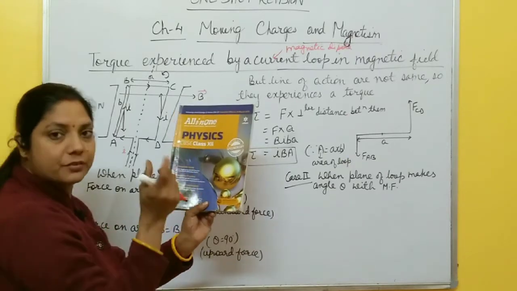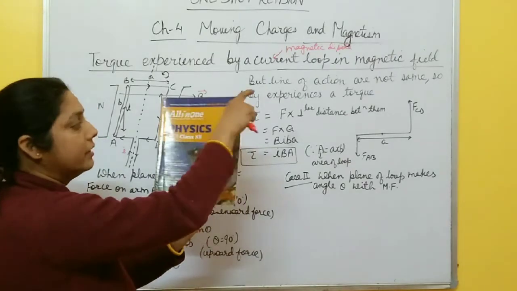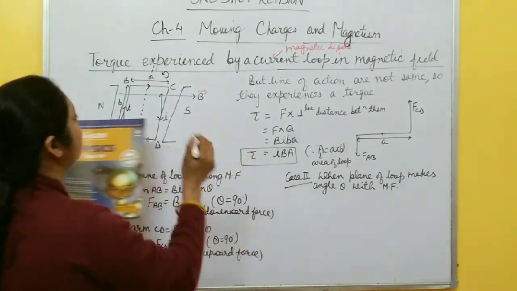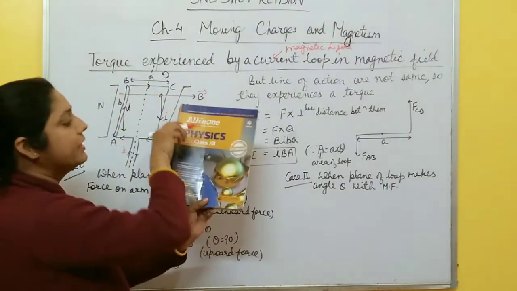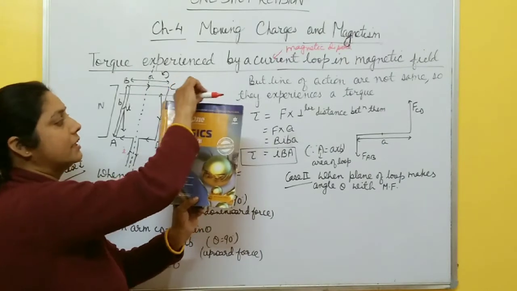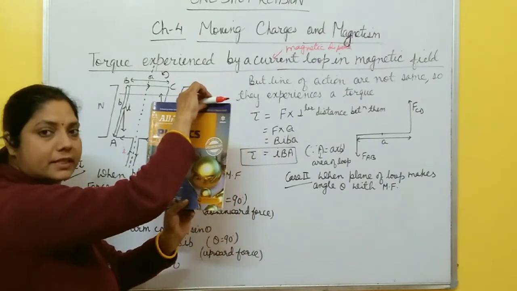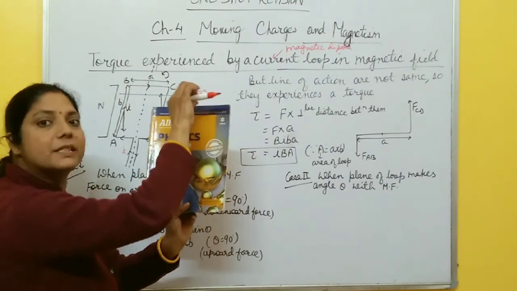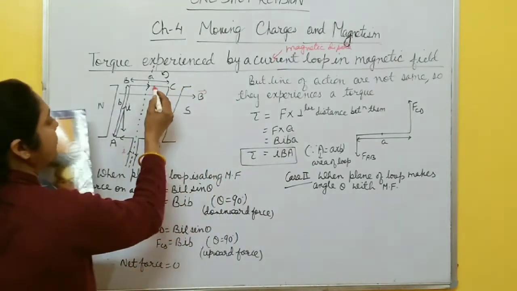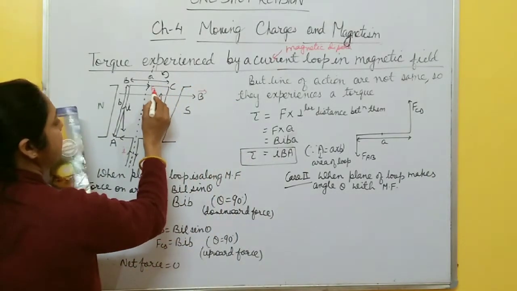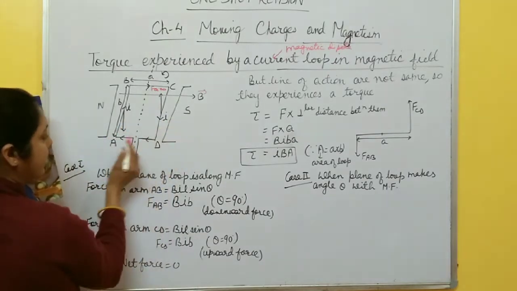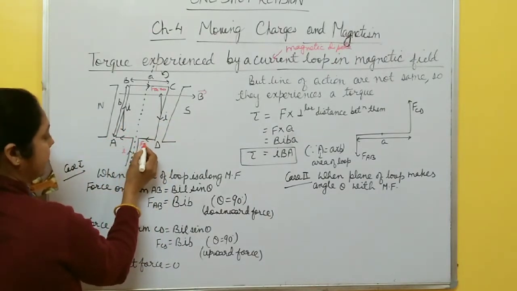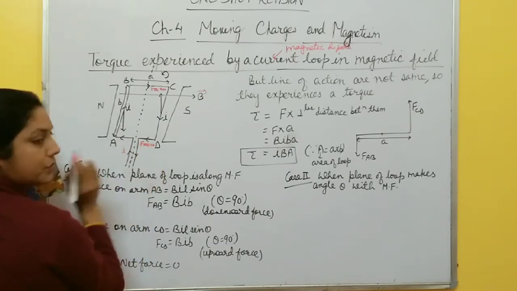It experiences some force in all the sides of this rectangle. For side BC, magnetic field is in this direction, and current in BC is also in this direction. Both are in the same direction. It means angle is 0. So net force here is 0. FBC is 0, and similarly the force on arm AD is also 0.